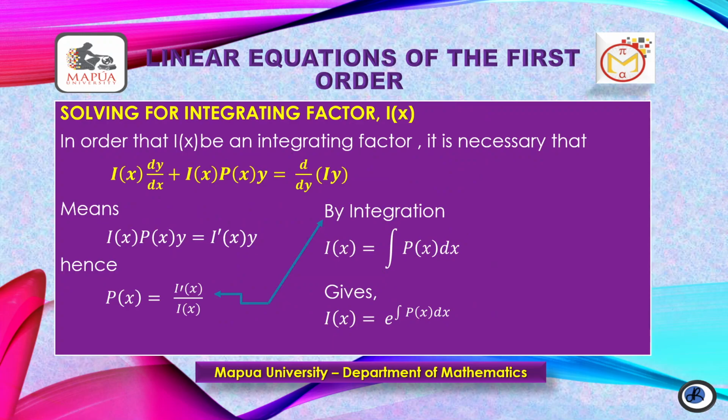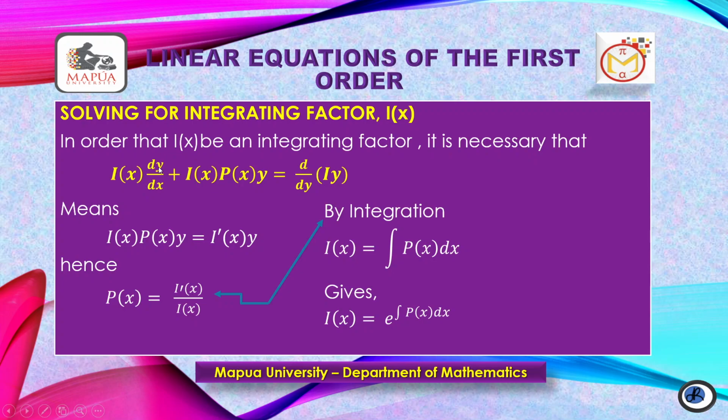And this is how to find the integrating factor. It is necessary that we multiply by the integrating factor in our general form for the linear equation of the first order. So we consider I(x) as our integrating factor here.